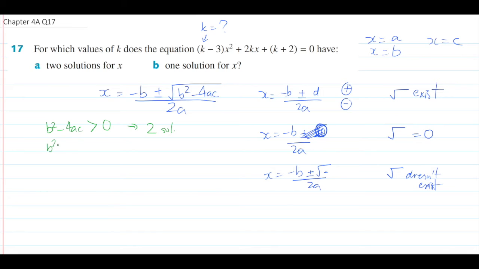If b squared minus 4ac equals 0, then that would give you 1 solution. And if b squared minus 4ac is less than 0, then that would give you no solution, or 0 solutions. And the name for b squared minus 4ac is the discriminant.